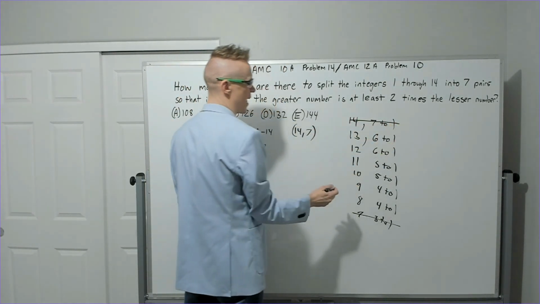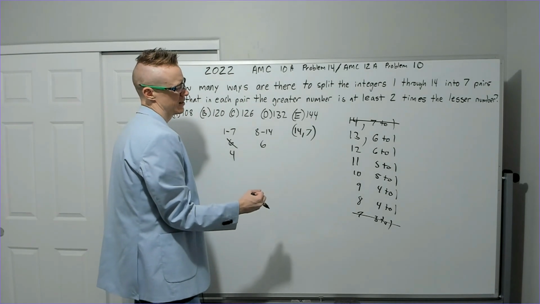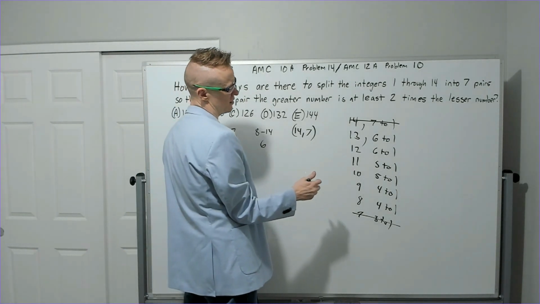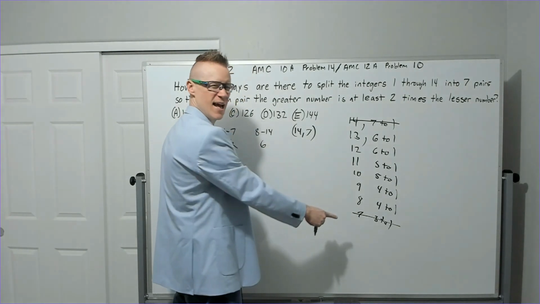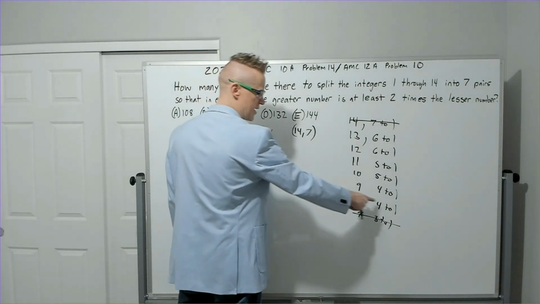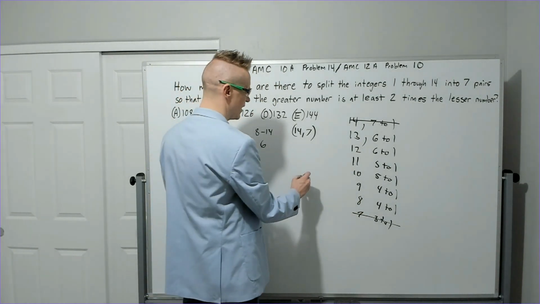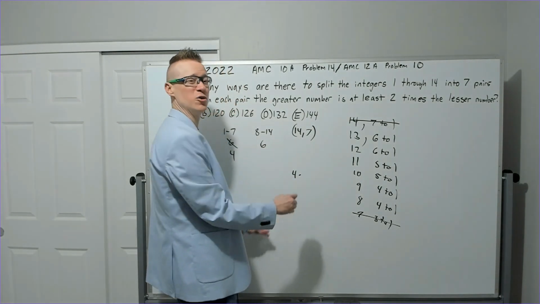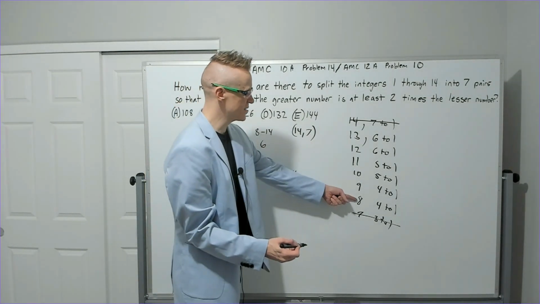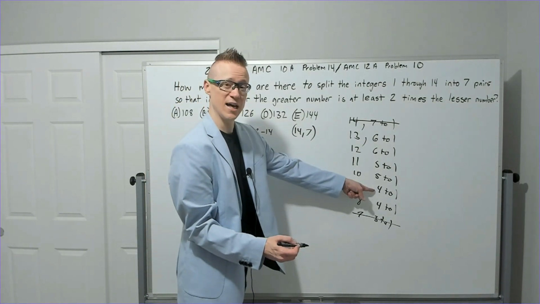But after we've made that choice, what I did is I went down here and I said 8's going to have 4 choices, right? Something from the 1 to 4 range. It will have 4 choices, and then the 9's going to have only 3 choices because the 8 took one of 9's options.